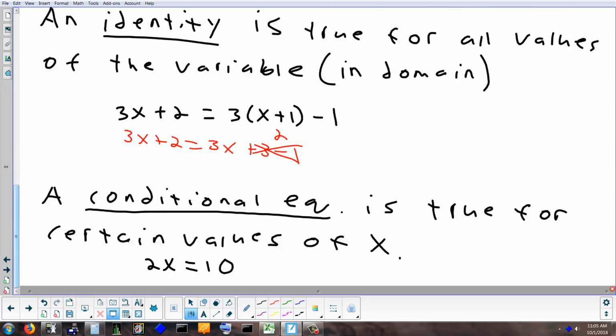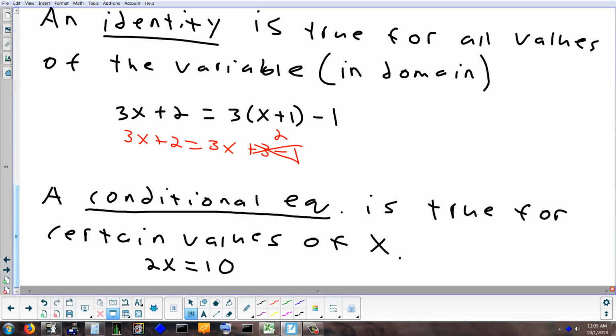Versus an equation like this one is not always true. It could be true if you pick the right value for x. That's called a conditional equation. There's a condition that makes it true, and the condition here is that you let x equal 5. Any questions on those two types of equations?